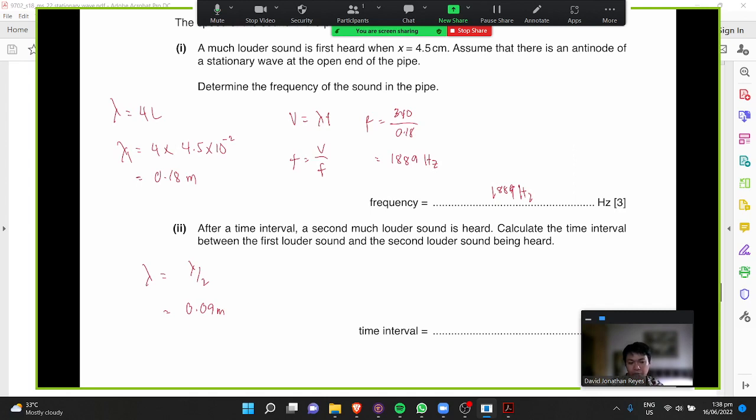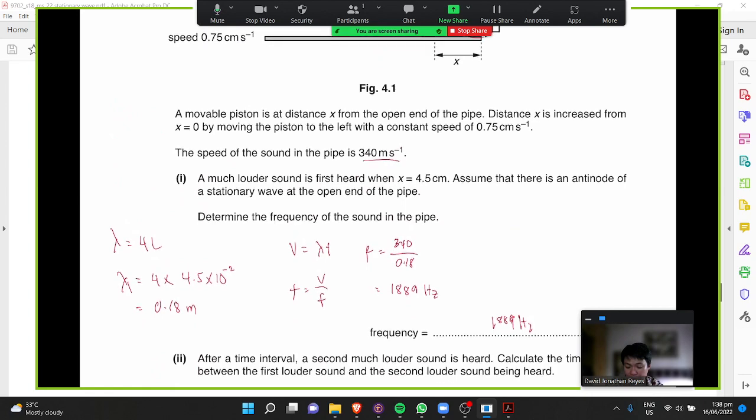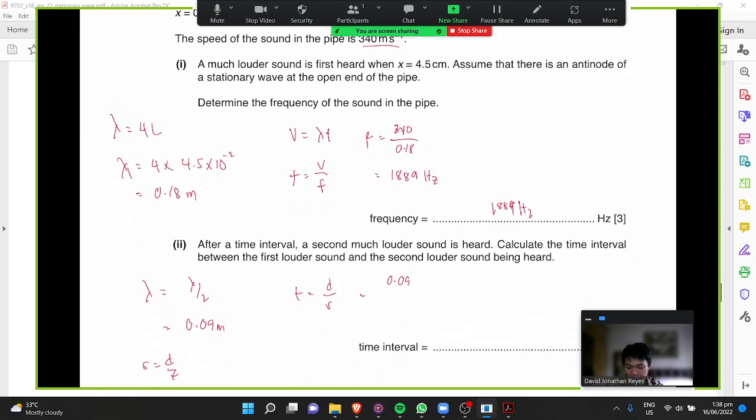Then from there, solve for its time interval using the basic equation of speed equals distance over time. That gives you time equals distance over speed. So that's 0.09. The speed is 0.75 cm per second, right? So that gives you 0.75 times 10 to the negative 2 meter per second.